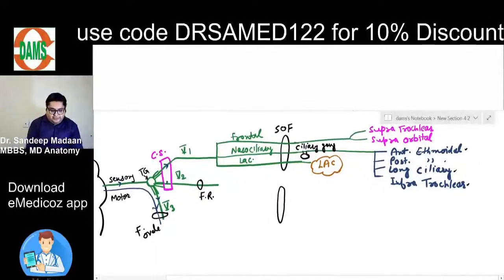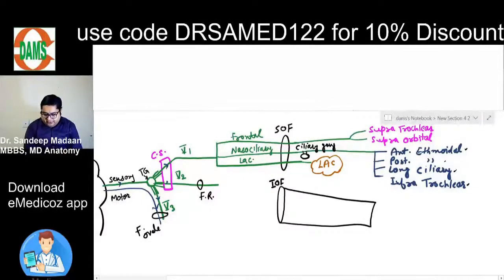So now you see, we have the infraorbital fissure here, just below the superior orbital fissure. And as I told you, this will lead to a canal along the floor of the orbit. Now our nerve, which has already passed through the foramen rotundum, will pass through the infraorbital fissure, and then it is running inside, so we cannot see it from outside. So I am drawing it in a dotted manner.